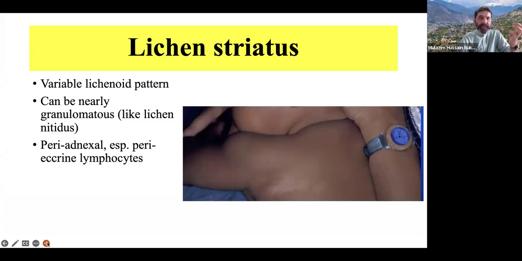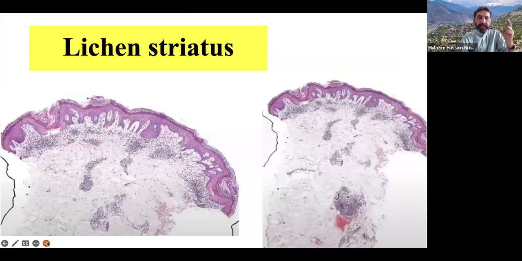The important thing is a variable lichenoid pattern, which can be near a granuloma, periadnexal, especially around eccrine glands. I have tried my best to show the deeper involvement. These are the eccrine glands involved, but this is patchy, not homogeneous. It is patchy, almost at the dermoepidermal junction. You can see there is less vacuolization here.